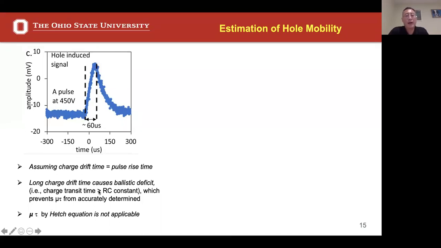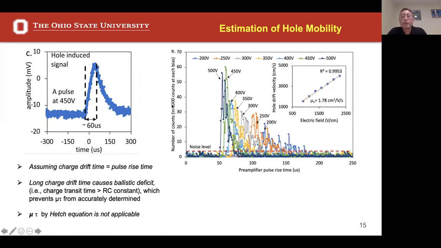The Hecht equation is not applied because the amplitude of each pulse at different voltages has not fully reached saturation. Instead, what we can do is look at a histogram of the rise times of many thousands of pulses. In this case, you can see the rise time is a function of the applied voltage, the external voltage, as I mentioned earlier.